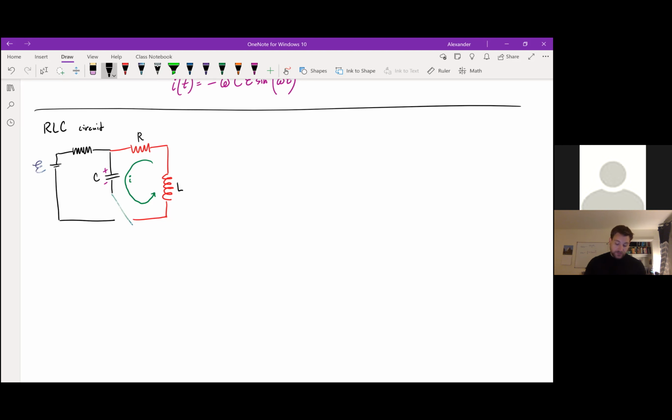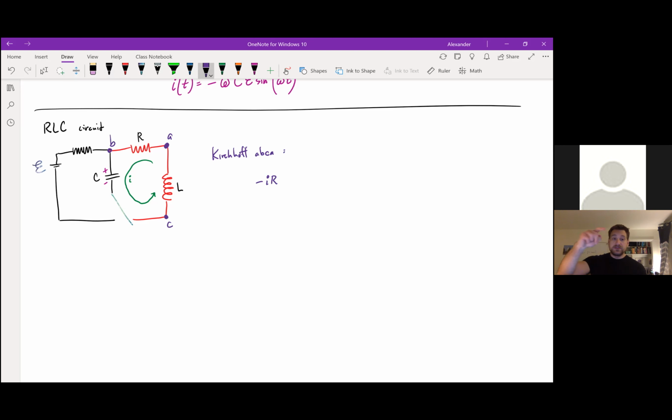If we start from the corner here, let's call that A. We'll go to point B. And then a Kirchhoff loop for A, B, C, A gets us the following relationships. The current passes through the resistor in the direction shown, so that's negative IR.